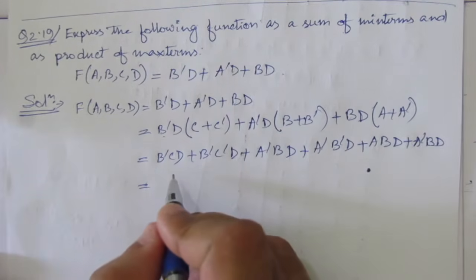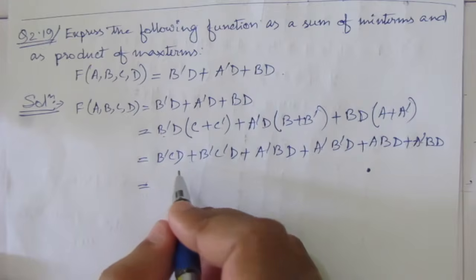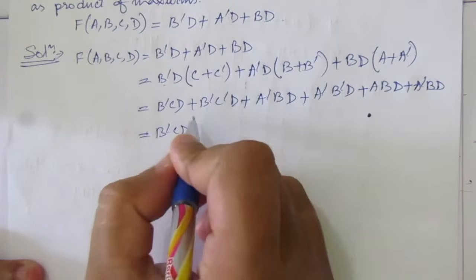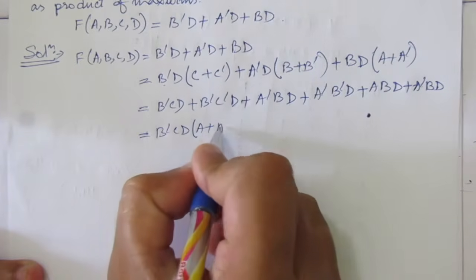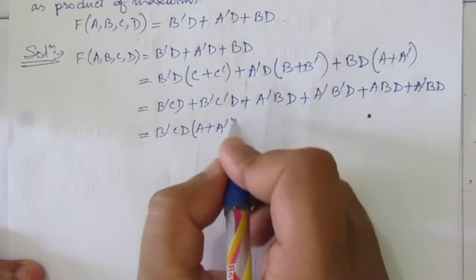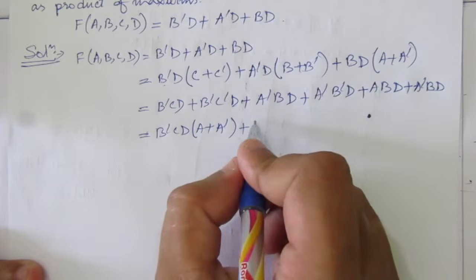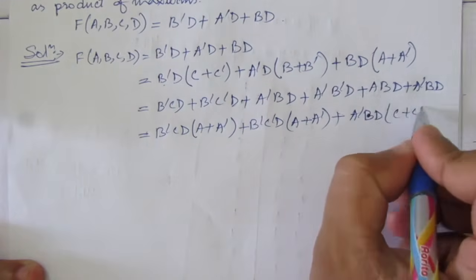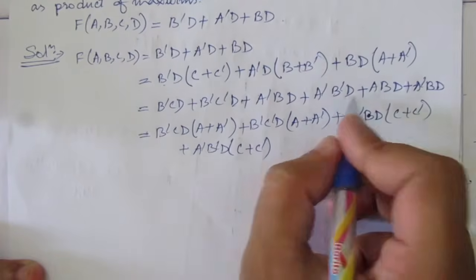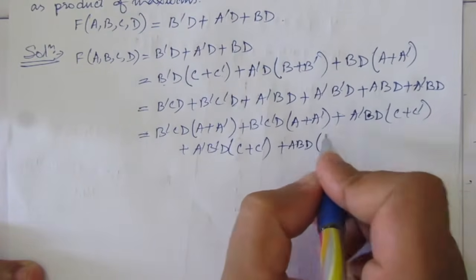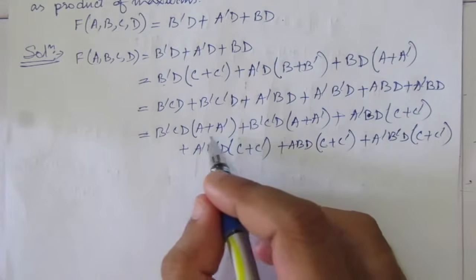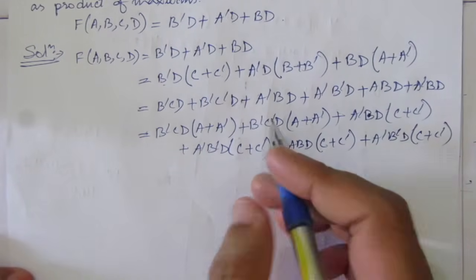Now we can see that it contains 3 literals in each term. So again we can write it as b bar c d whole into a plus a bar. Okay, because a is not there. Similarly here also we can do it. If we multiply any term with 1, the result will be unchanged.